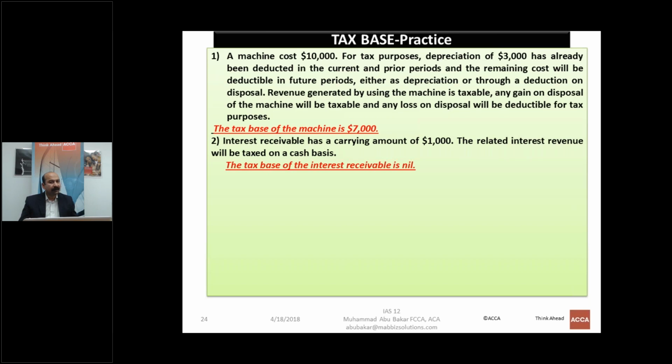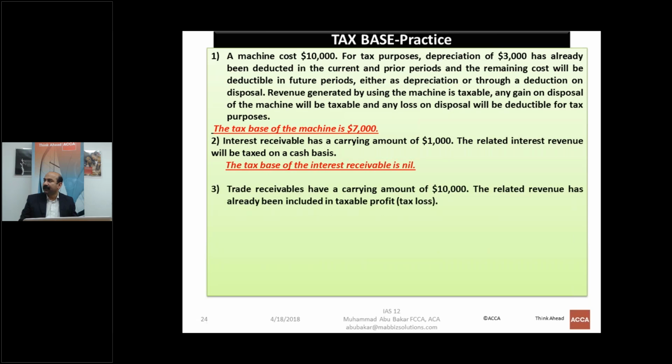Shahzad, Nil, and Farhan are saying 0. Tax base is 0, yes, 0. So here we have used rule number 1, where we learned if an asset or liability is being allowed on cash basis, its tax base will be nil. Now comes the next.